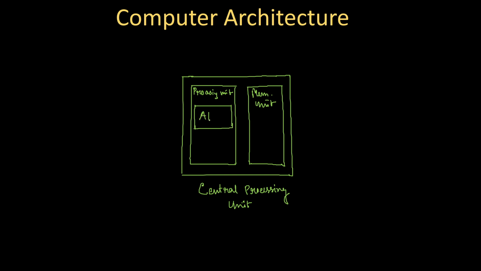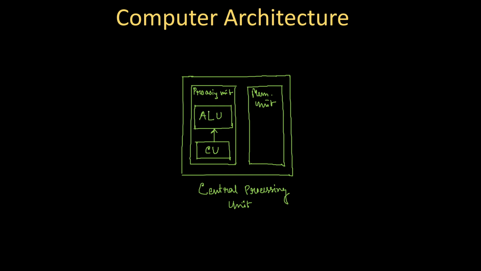One part is the arithmetic and logic unit, which serves all the functionality for arithmetic and logical operations, and a very important part that is left is the control unit. Control unit controls this ALU and other parts of the system. I have ignored some small components.